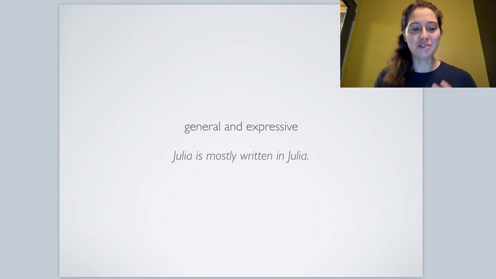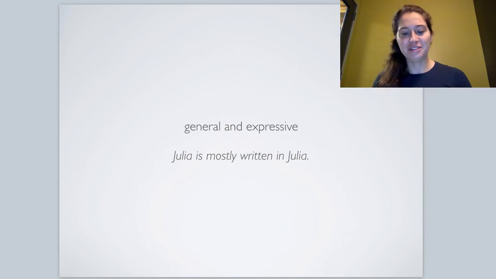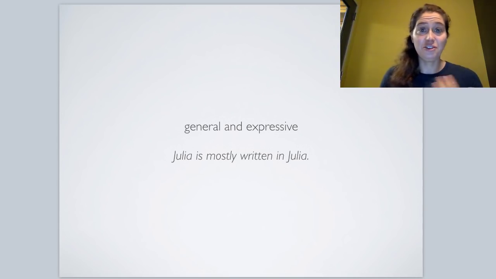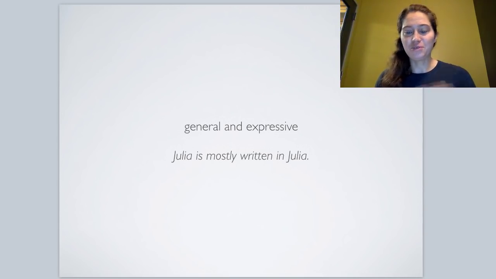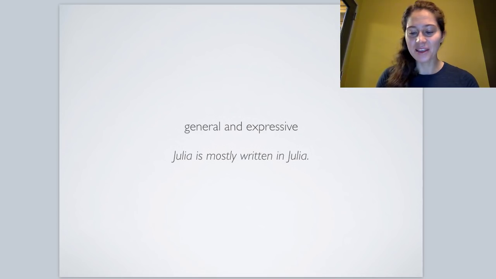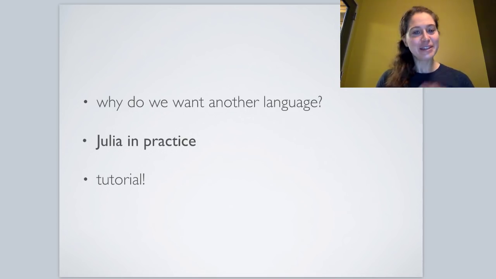And so it's a common story within the Julia community that someone who has come to the language just to use Julia as a tool will end up tweaking the source code and becoming a prolific contributor because they find that they have fun actually making their own modifications to some of the source code in the base language. All right. So that's my intro on why we want another language.